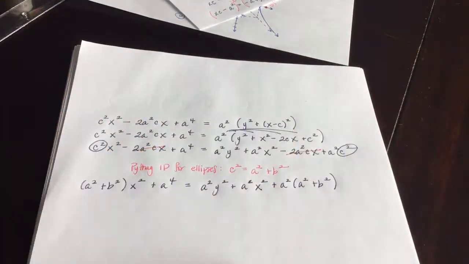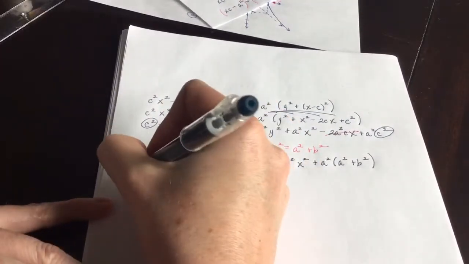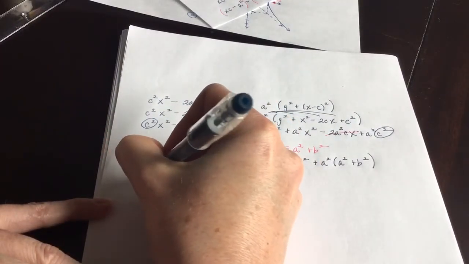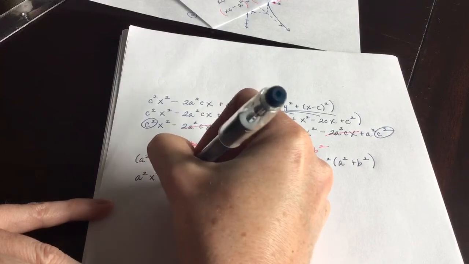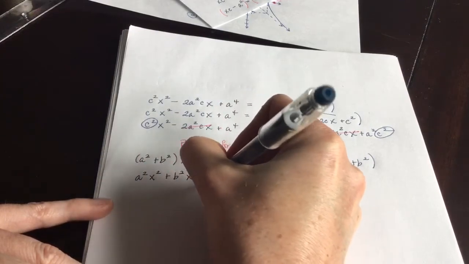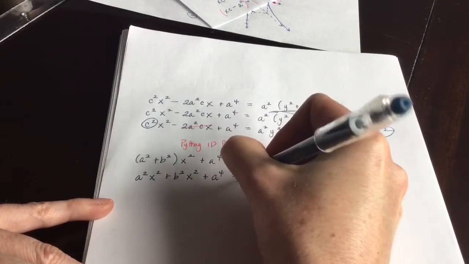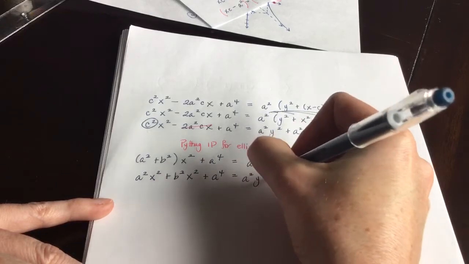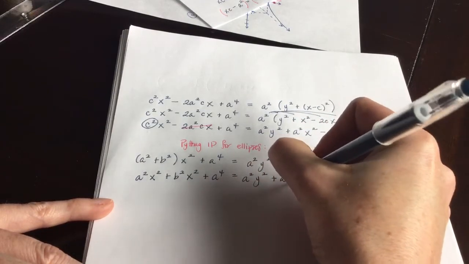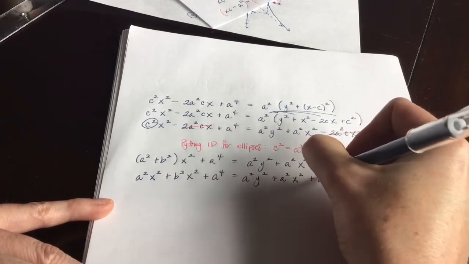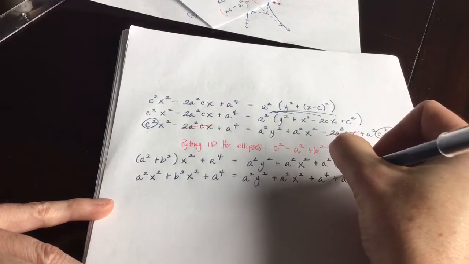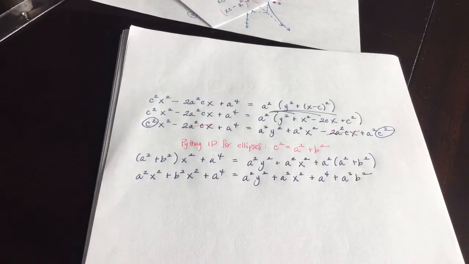Distributing what's left, we'd have a squared x squared plus b squared x squared plus a to the 4th equals a squared y squared plus a squared x squared plus a to the 4th plus a squared b squared. All right, my friends.